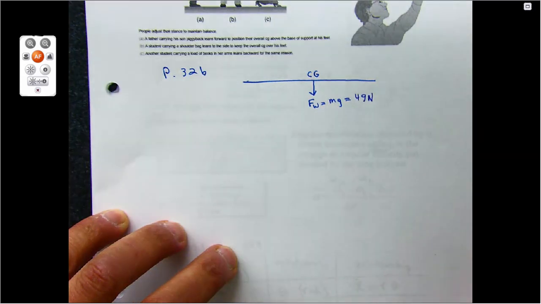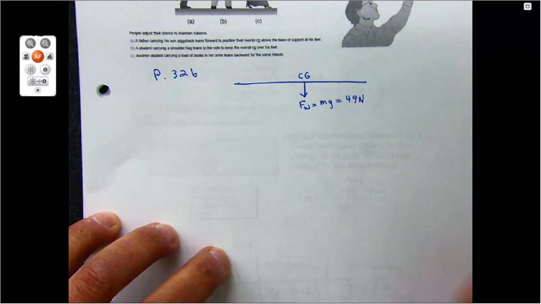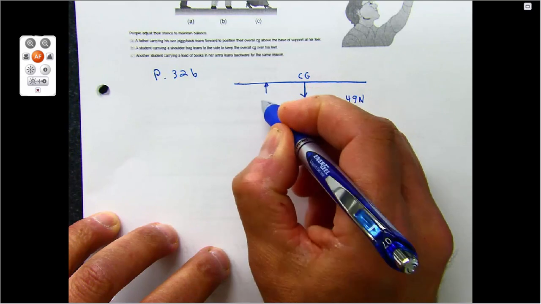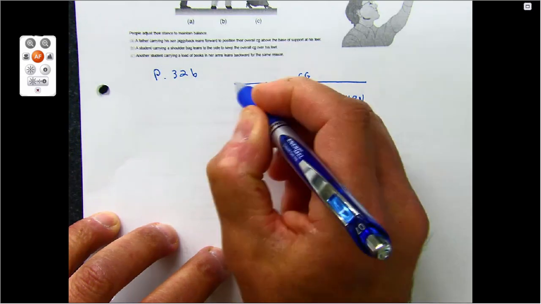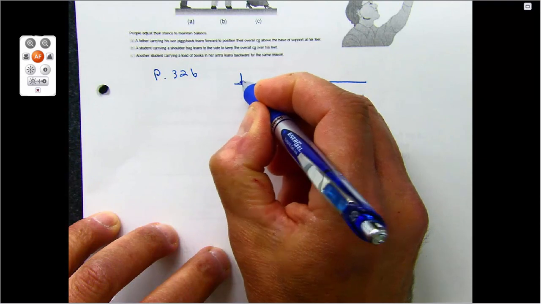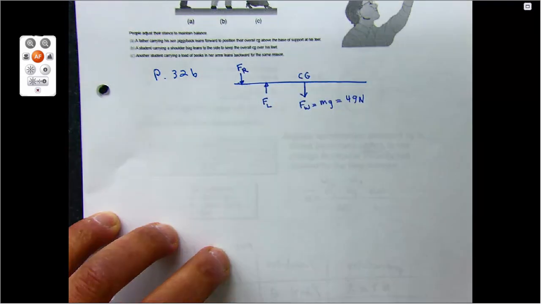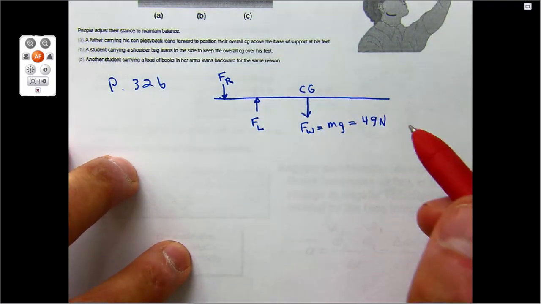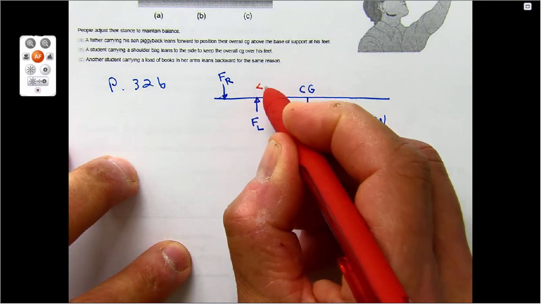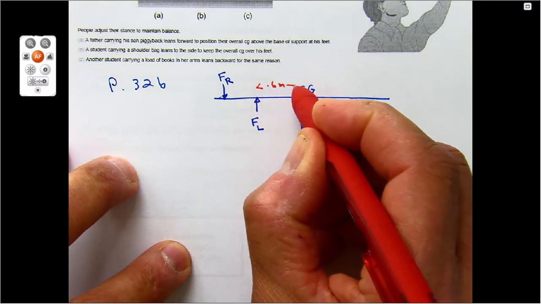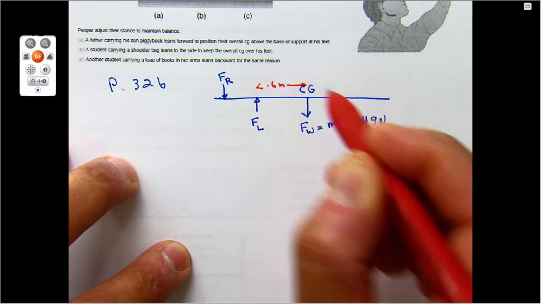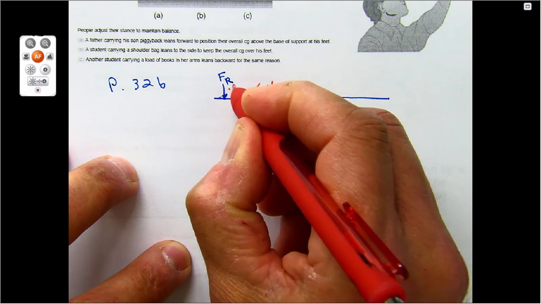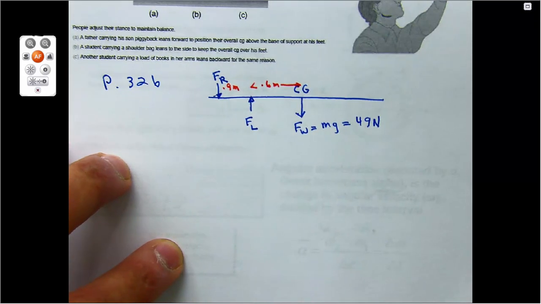It is 49 newtons. Force of the left hand up. Force of the right hand down. This is 0.6 meters. And this is 0.9 meters in here.